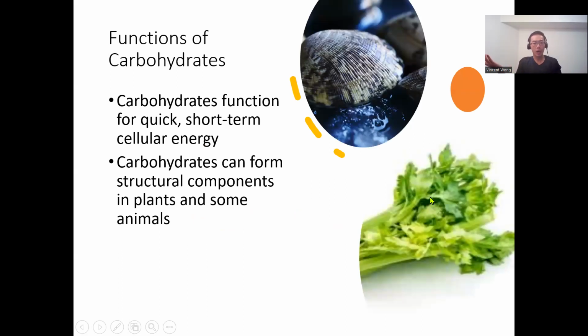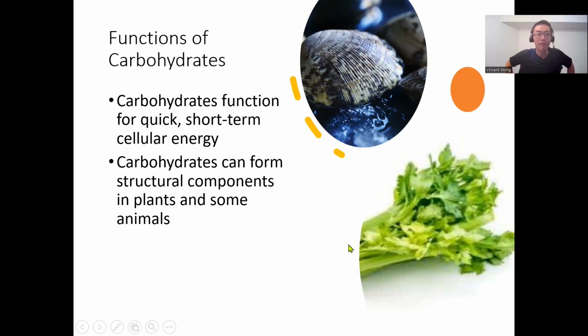Why do we need carbohydrates? Well, carbohydrates are the preferred form of energy that our body uses. They provide quick and short-term cellular energy. In some other organisms, not humans, carbohydrates are important because they form structural components.